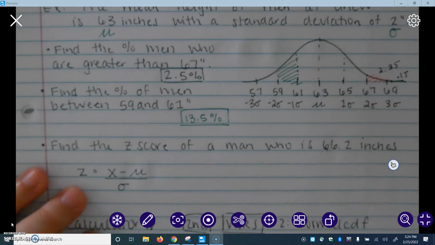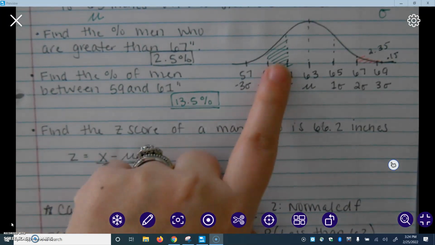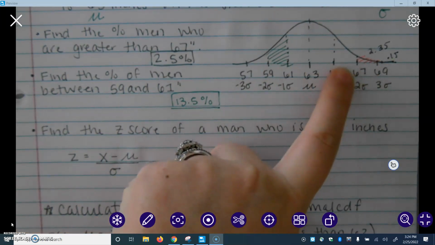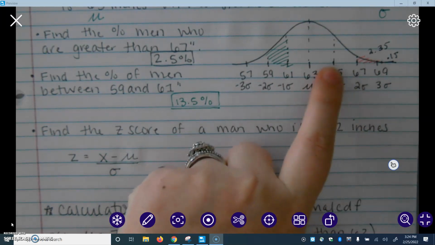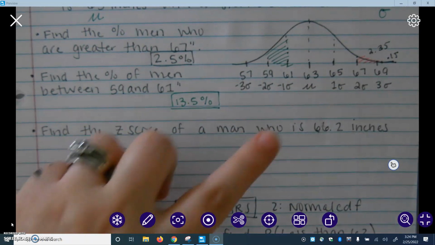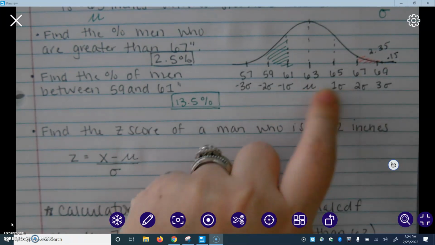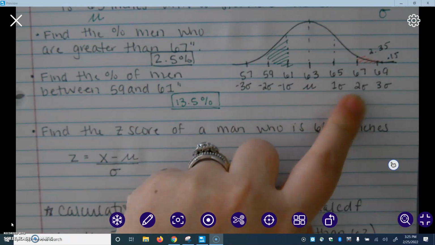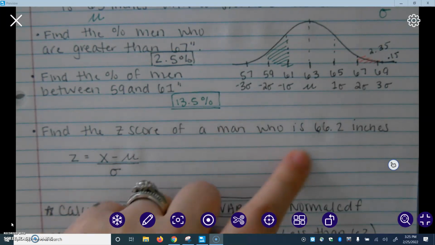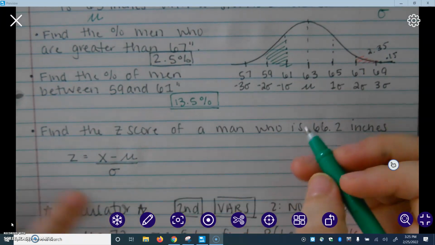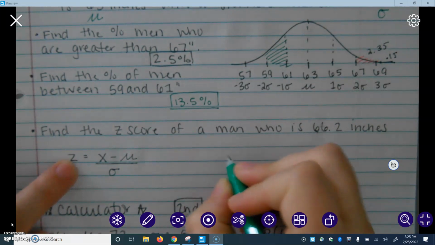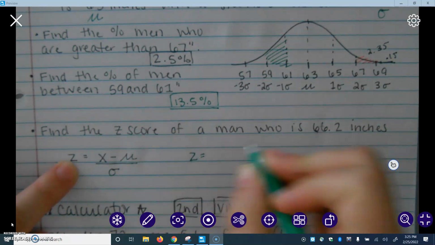All right, we also have the z-score formula because not every single value in the data is going to be an exact standard deviation. So the z-score tells us basically what standard deviation our individual data is in between. So find the z-score of a man who is 66.2 inches. So the z-score is what I'm solving for.